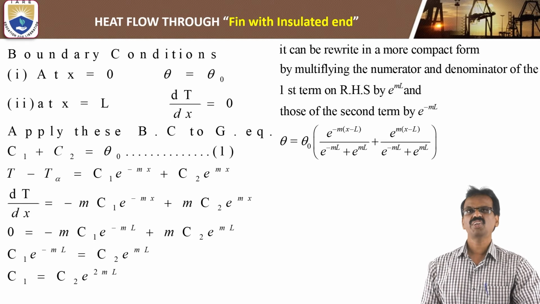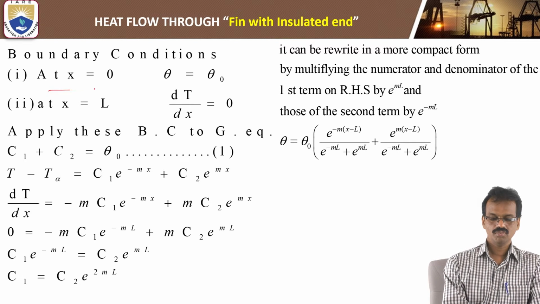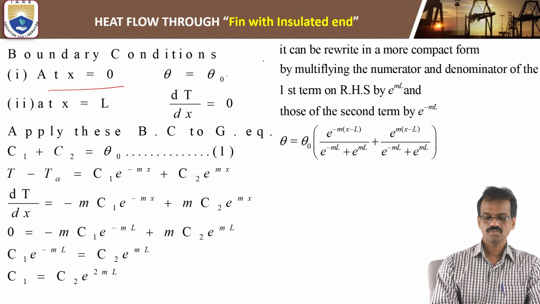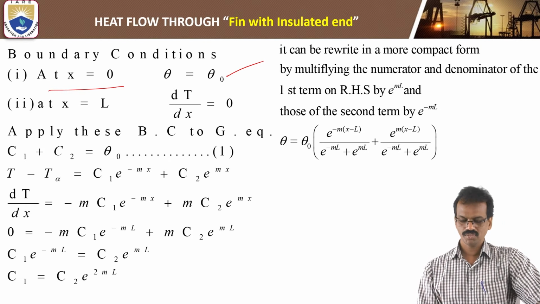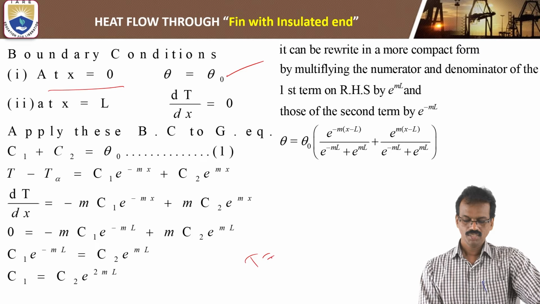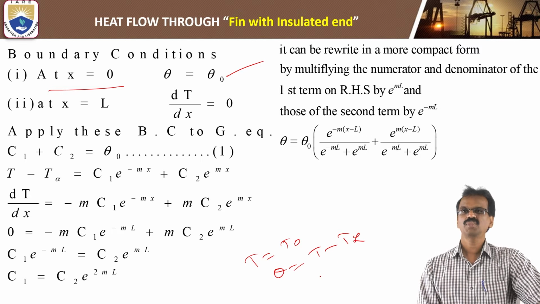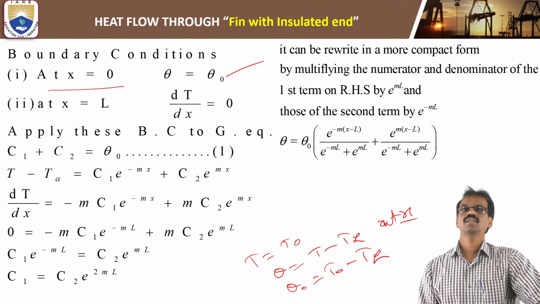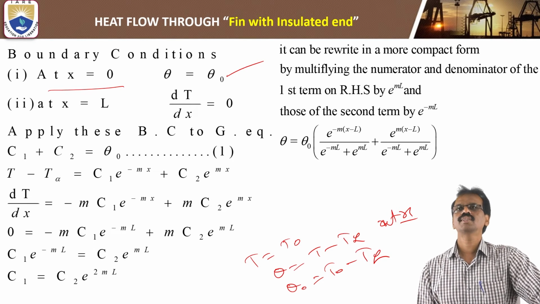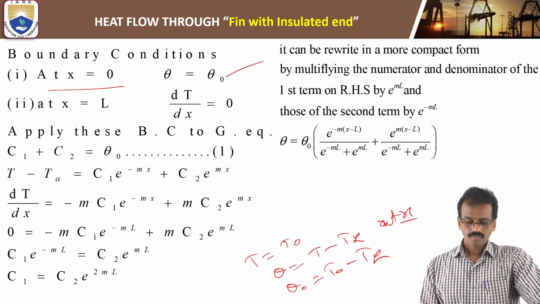Here the boundary conditions: at x is equal to 0, theta is equal to theta naught. That is the first boundary condition. It means at x is equal to 0, T is equal to T naught. It means theta is equal to T minus T infinity, so theta naught is equal to T naught minus T infinity at x is equal to 0. That is the first boundary condition, and it is the same for the 3 pins.